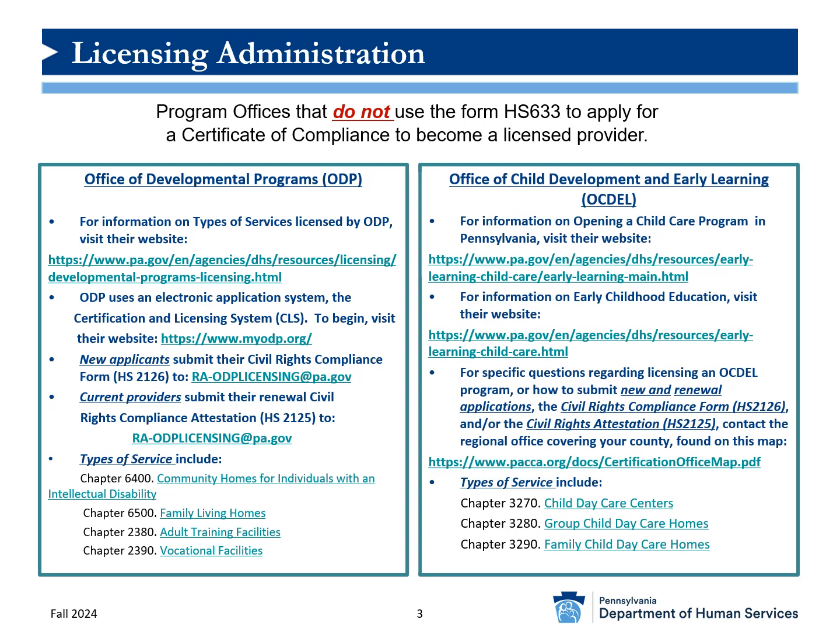The other office that does not use this form is the Office of Child Development and Early Learning, known as OCDEL. Again, those types of service that they license are at the bottom of this page. If you are going to apply for one of those types of licenses, again, you can use those links to find out more information on how to apply.